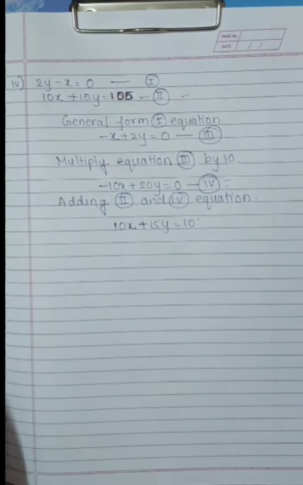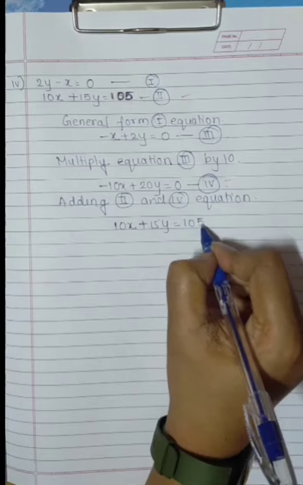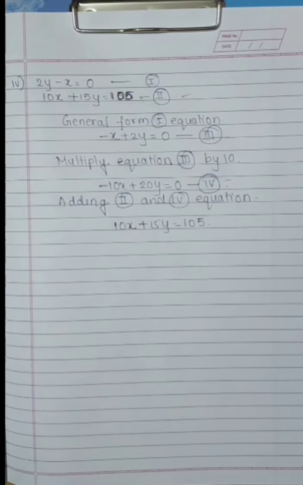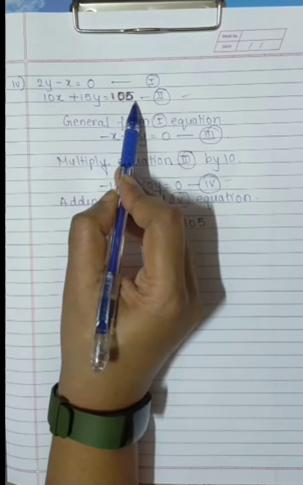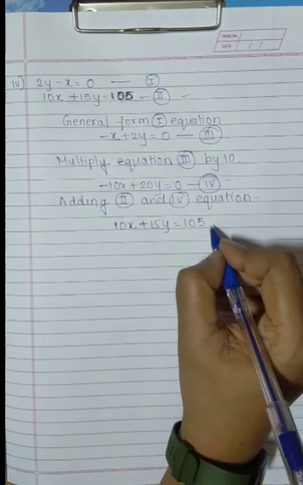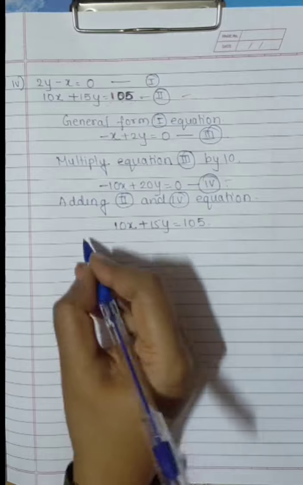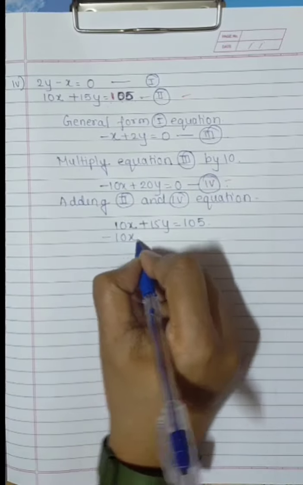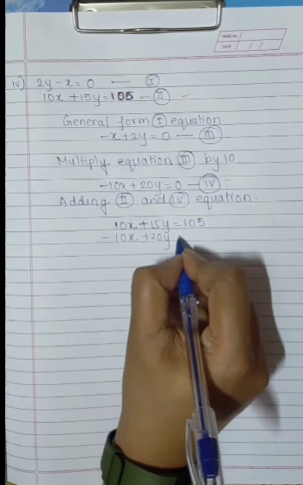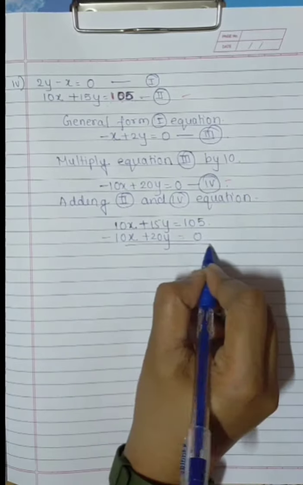By mistake I have written 150, it is 105. Okay, I hope you understood. This is our second equation. Now I am going to add it with minus 10x plus 20y equal to 0.